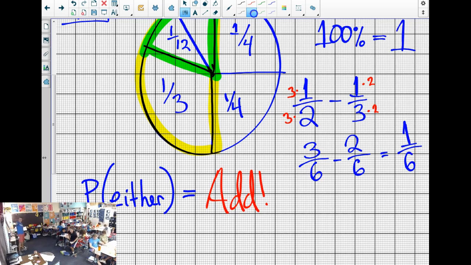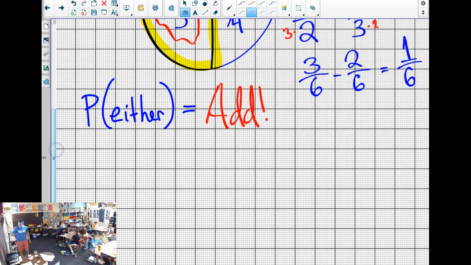Think about the spinner. I don't care whether I land in clean bedroom, this region over here, or if I land on rake leaves, which we could just say is this section since I can see that one. So I'm going to put both those sections together. I can land in any of that. That makes it easier, which means we add them. So 1/12 and 1/3.